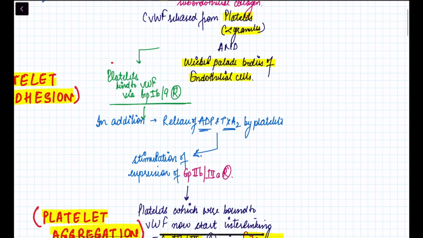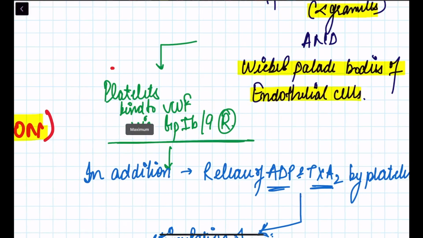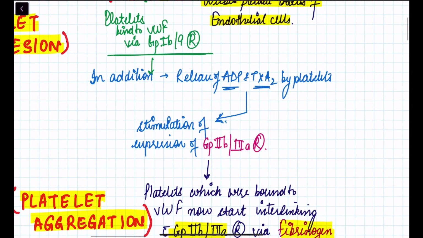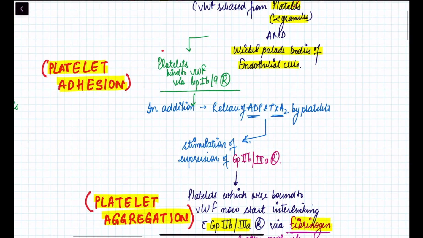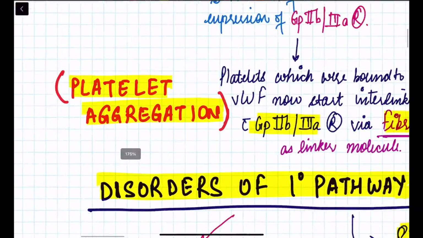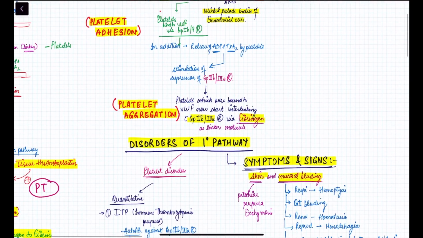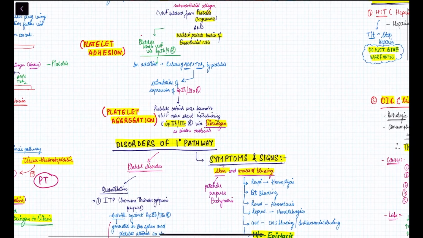So after binding of GP1B9 to von Willebrand factor, there is release of ADP and thromboxane A2 by platelets itself via the COX pathway, and that causes expression of the GP2B3 receptor. So we have reached till here, and we are not able to reach these steps. So there will be impaired platelet aggregation. Adhesion will be there, but aggregation won't be there.